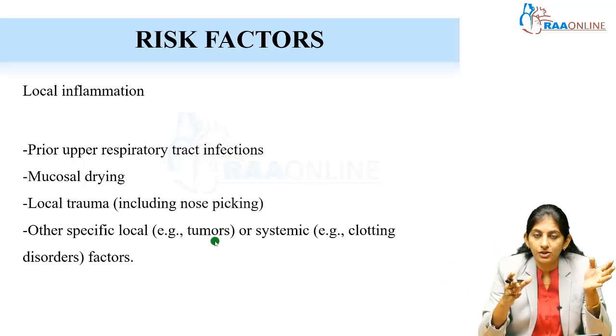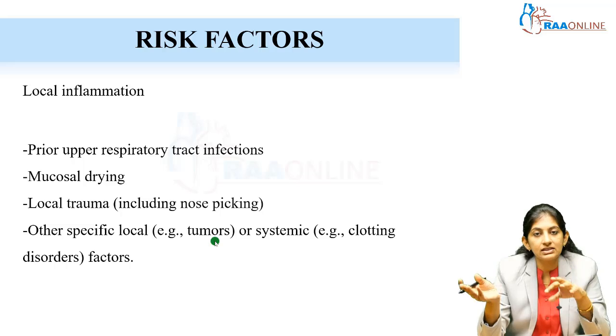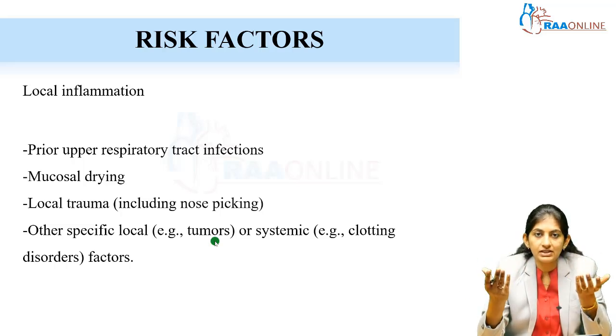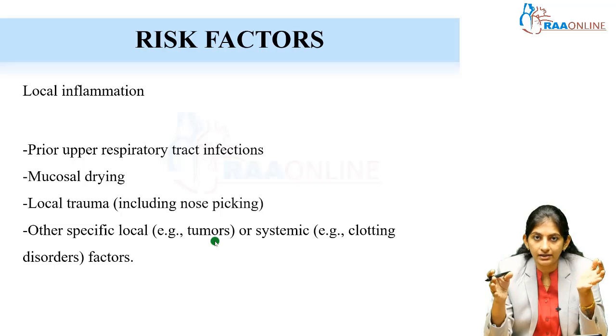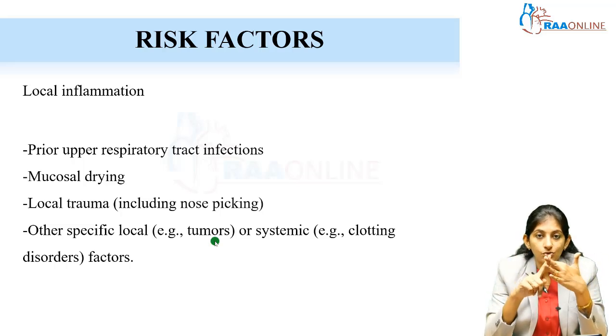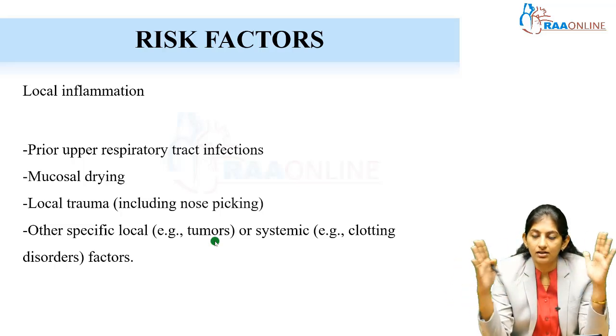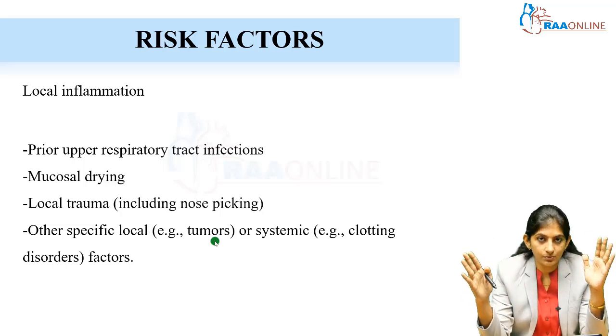Tumors are one particular cause like that, and next is systemic factors. Whenever we see a child with epistaxis, we should never restrict ourselves to that one particular examination only. You do not examine the nose and then forget the rest of the body. It is not like that. Examine ear, nose, throat, and a complete systemic examination has to be done.